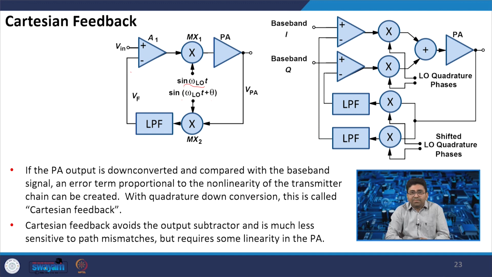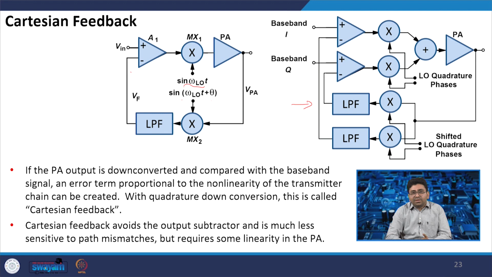Now, Cartesian feedback avoids the output subtractor and is much less sensitive to path mismatch, but requires some linearity in the PA. It can also be designed at baseband, where we make the I and Q, in-phase and quadrature components, and separately do the subtraction, as shown in the second figure.